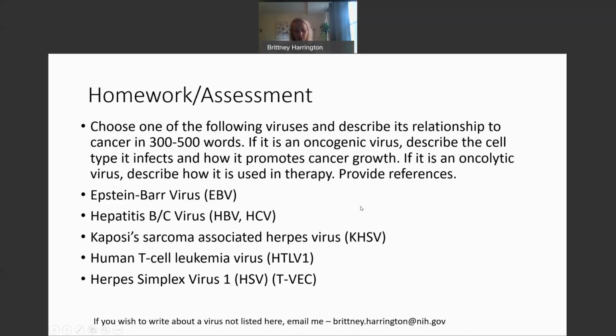Either describe whether it is an oncogenic or carcinogenic virus, what cell type it infects, and how it promotes cancer growth, or if it is an oncolytic virus, describe how it is used in therapy. It doesn't have to be approved like TVEC. It could be an experimental preclinical therapy, but please provide references.